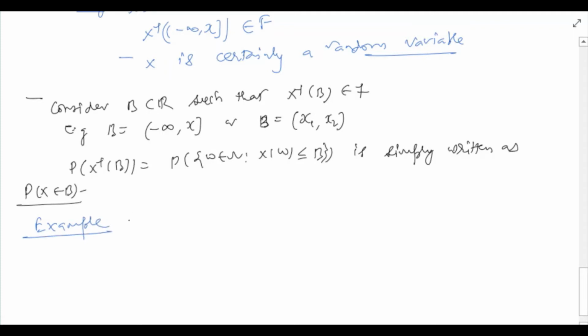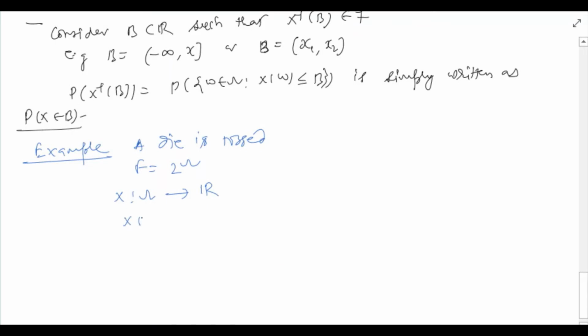Let us again consider the example of a die being tossed and the event space to be the power set of the sample space. As in the first example, we consider a function from omega to R defined as X(omega) equal to ceiling of omega by 2, for all omega in capital Omega.